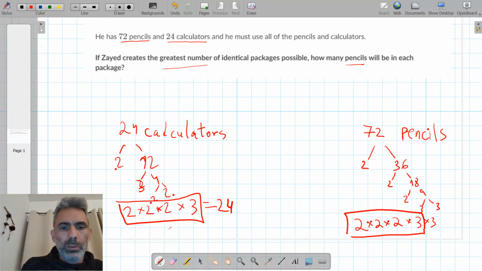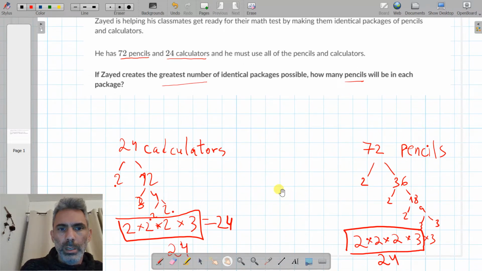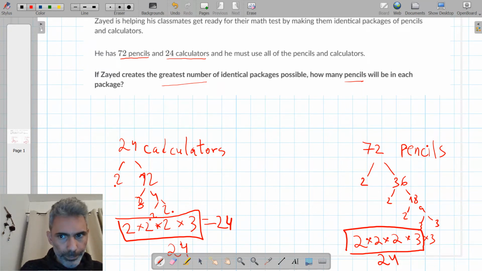So we can say that 24 is the greatest common factor of these two numbers, 24 and 72. So it means that this group of 24 calculators can be divided into 24 groups with one calculator in each group.